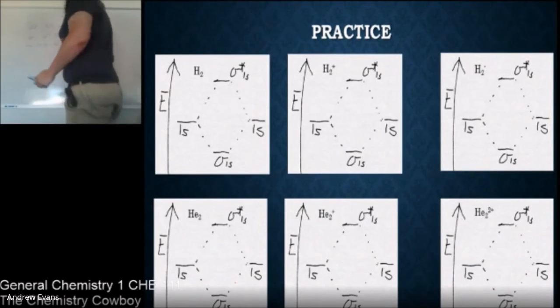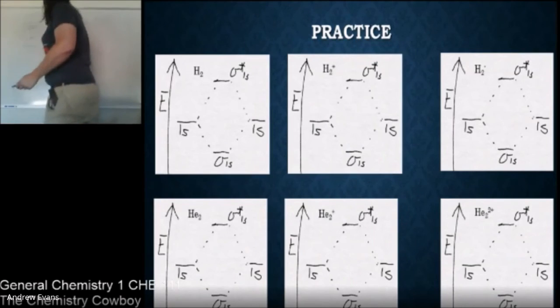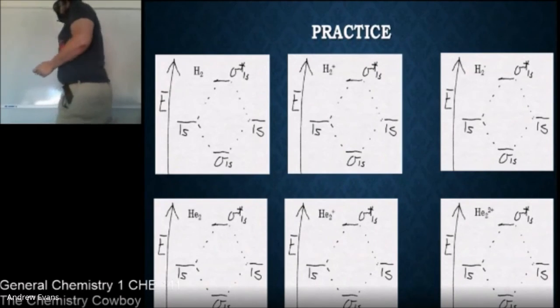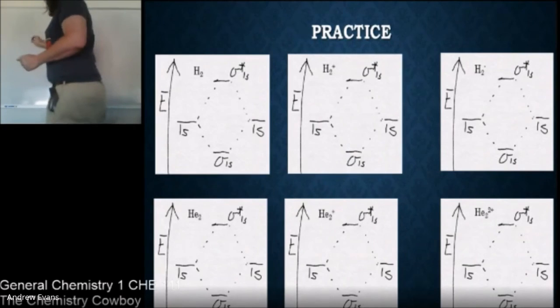You need to count your valence electrons and put them in. Then you can figure out what the bond order is. So both of them have 1s. There's our sigma. There's our sigma star.